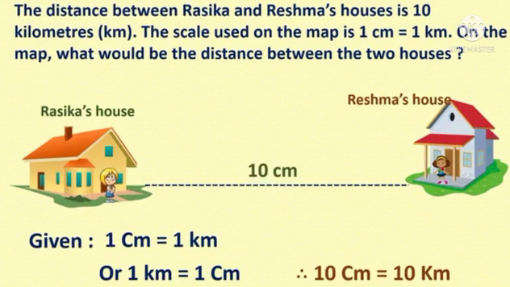So students, what is given over here? 1 centimeter equals 1 kilometer. Therefore, 10 centimeters equals 10 kilometers. Therefore, the distance between Rasika's house and Reshma's house is 10 centimeters on the map.